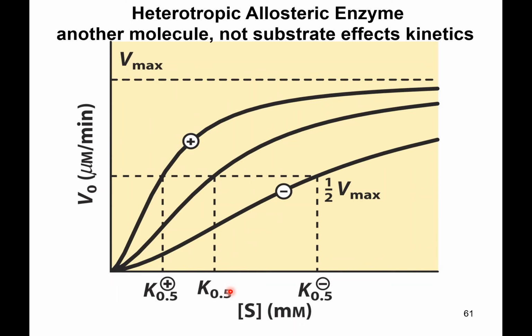When it does that, it increases that value, so it pushes that out, so it lowers how fast the curve is moving up to Vmax. Okay, and if an activator binds, that would make the Km lower, right? So that would mean this curve is growing up faster.